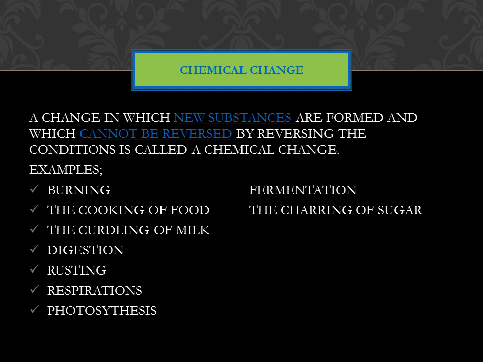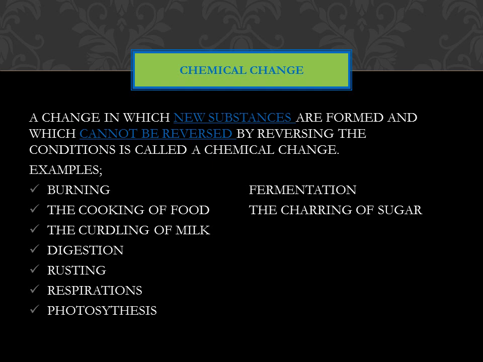The cooking of food. The taste of vegetables and pulses changes on being cooked because new substances are formed in the process. Also, we cannot obtain green vegetables from a vegetable curry or grains from cooked pulses. So, the cooking of food is a chemical change.